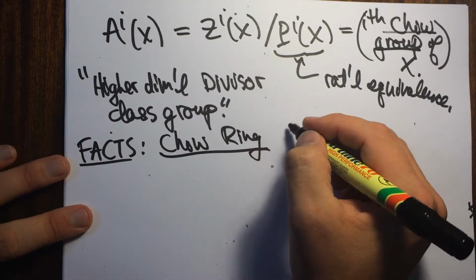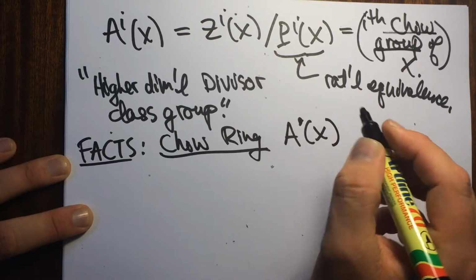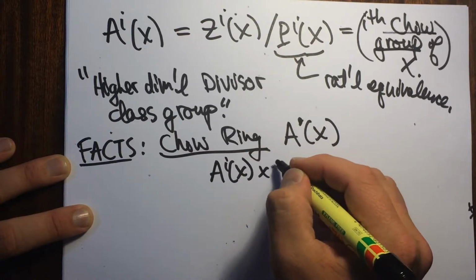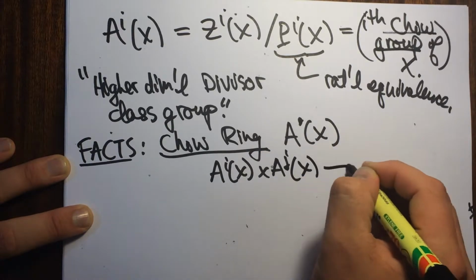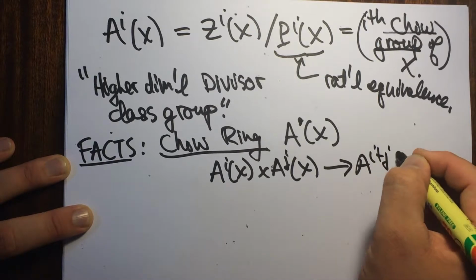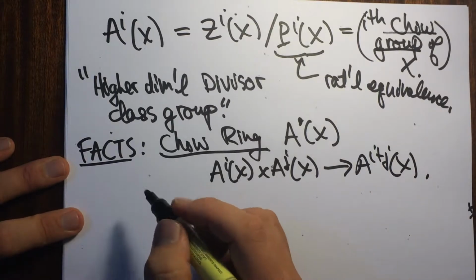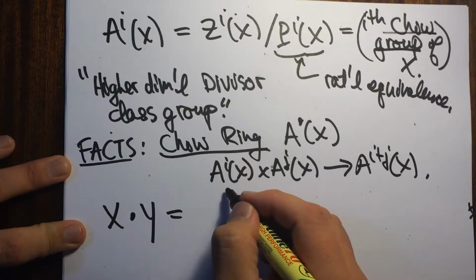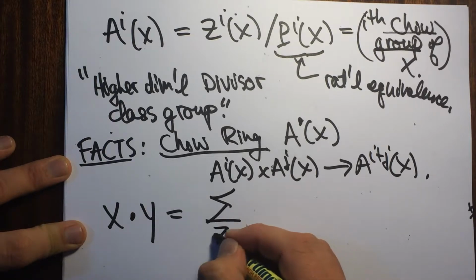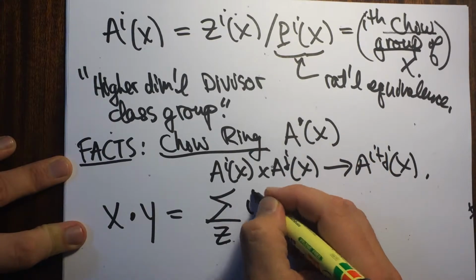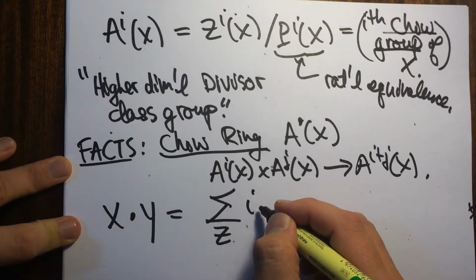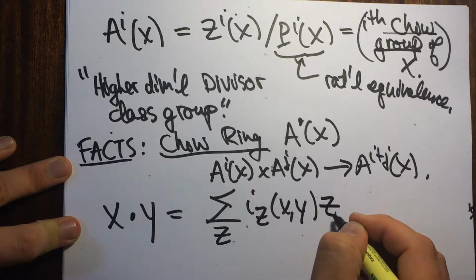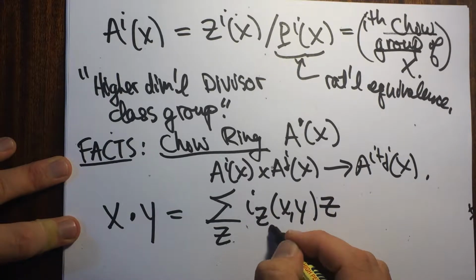The multiplication goes from A^i × A^j to A^{i+j}, and what we do is define x times y to be equal to the sum, using the notion of intersection multiplicity that we defined in a previous video, and it turns out that this is well defined: the sum of i(Z; x, y) times Z. Okay, so this is the intersection multiplicity.